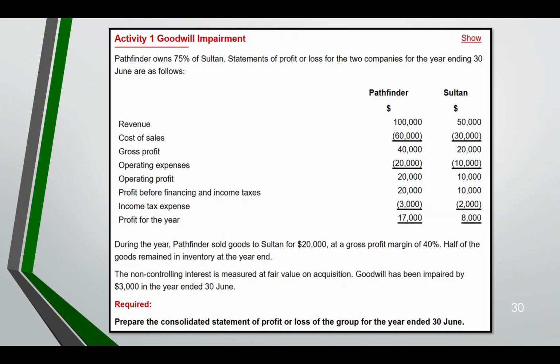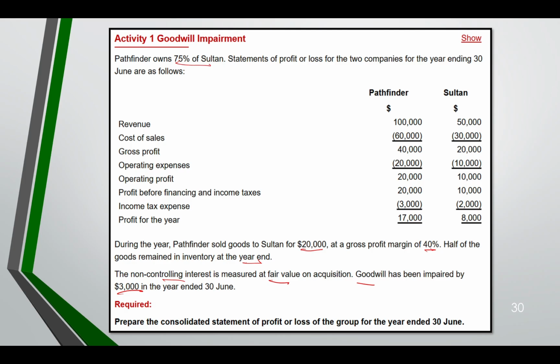Activity 1. So here Pathfinder is holding 75% of Sultan. We have been given the revenue till the profit. Pathfinder is selling goods to Sultan for 20,000. Gross profit margin is 40%. Half of them are remaining at the year end. NCI is at fair value. Goodwill is impaired at 3,000.